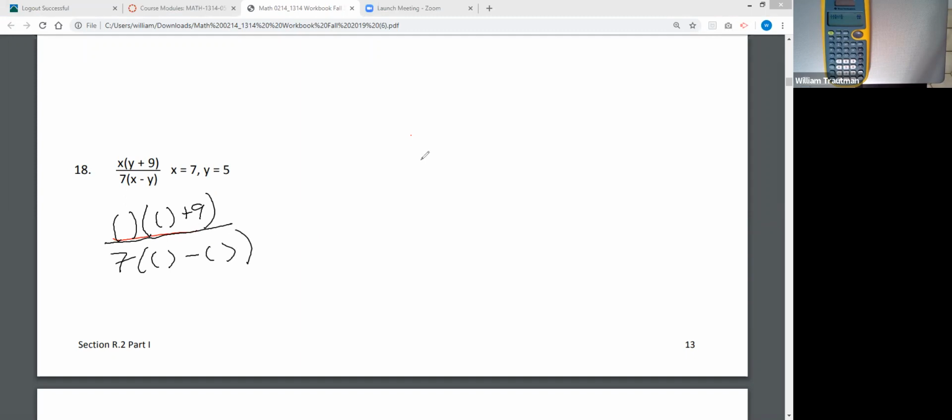Everywhere there's a letter, I put in parentheses, and then I plug in the correct numbers. 7 goes into all the x's. There's a 7 and there's a 7 here. And remember the step, plug the correct number into each parentheses. So 7 goes into both of those, and then 5 goes in the y spots, 5 and 5.